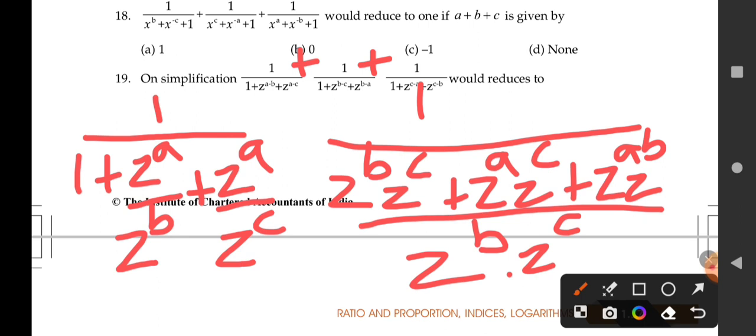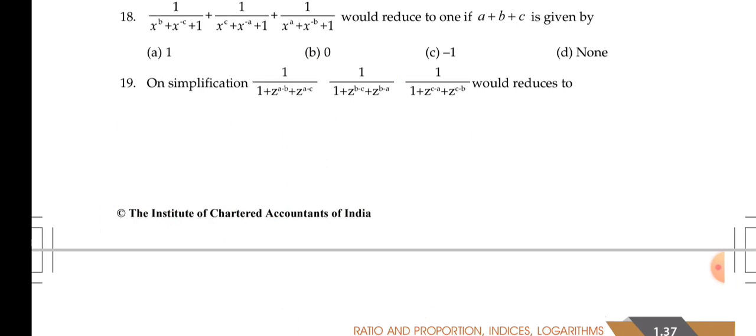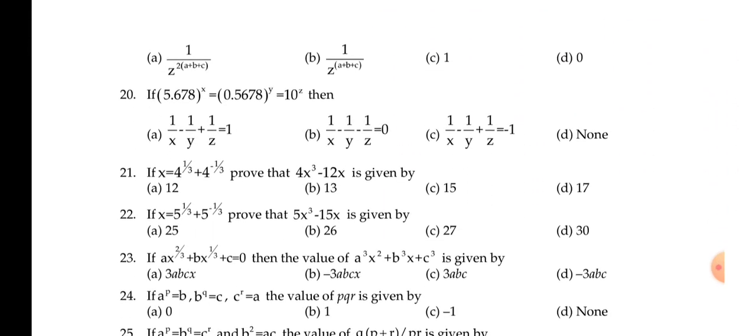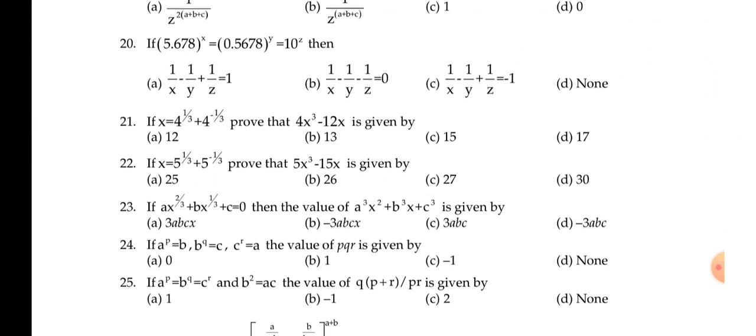So the terms get flipped. So all the terms you get over here as z power b into z power c. Again, same thing. We have already done this question previously as well, and the whole terms become the same, which equals 1. Please expand this. You will get the answer in the third step itself. Option number C.